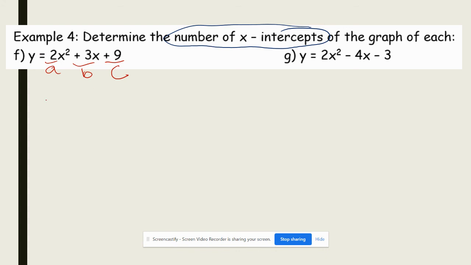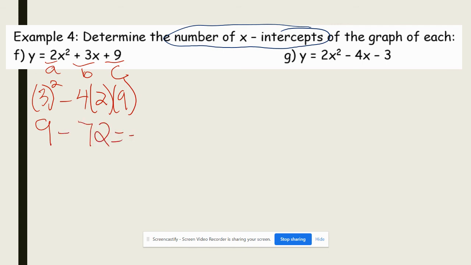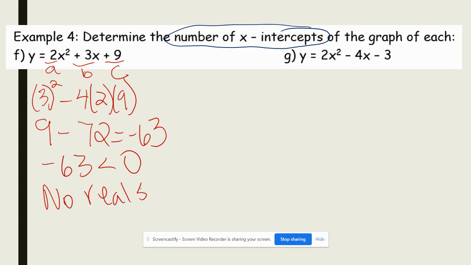And this is in standard form. B squared minus 4ac gives us 9 minus 72, which is negative 63. Negative 63 is less than 0, so there are no real solutions or no x-intercepts.